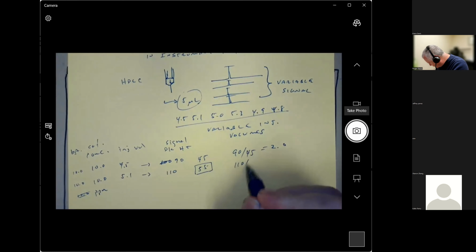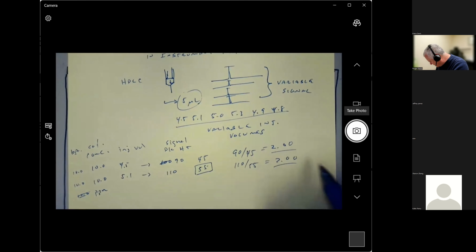And 110 over 55 is 2.0. 2.00 exactly, right?